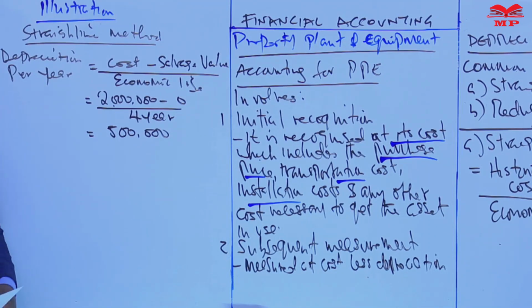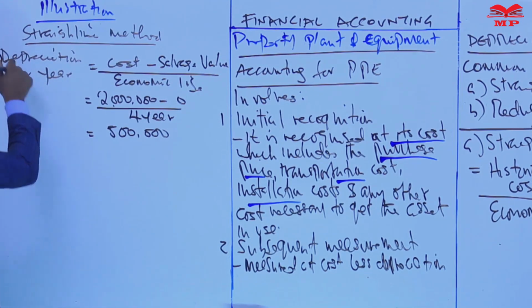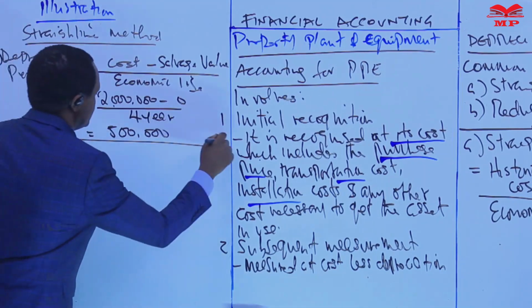Yes. So that is the depreciation for every year. So every year, that will be the depreciation charge. Depreciation for each year is 500,000. This is Roman 1.